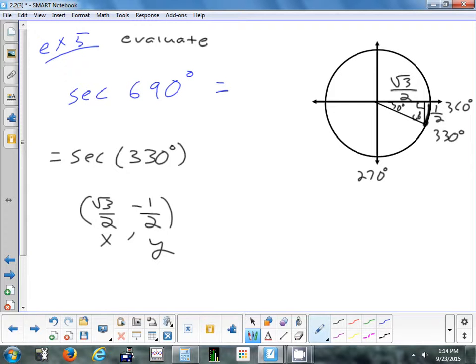Okay. And Amanda, do you remember what you get when you flip square root 3 over 2? We're going to flip it. 2 over square root 3. All right, so we flip it. And what will that simplify to when you get that square root out of there? 2 square roots of 3 over 3. Perfect. 2 square root 3 over 3. Good job.